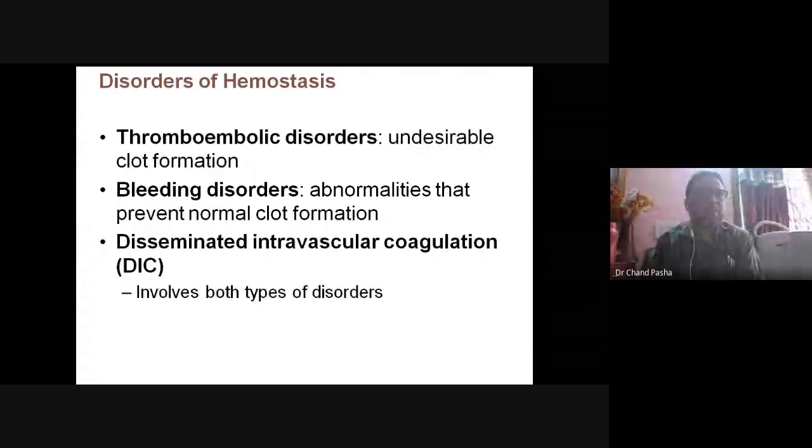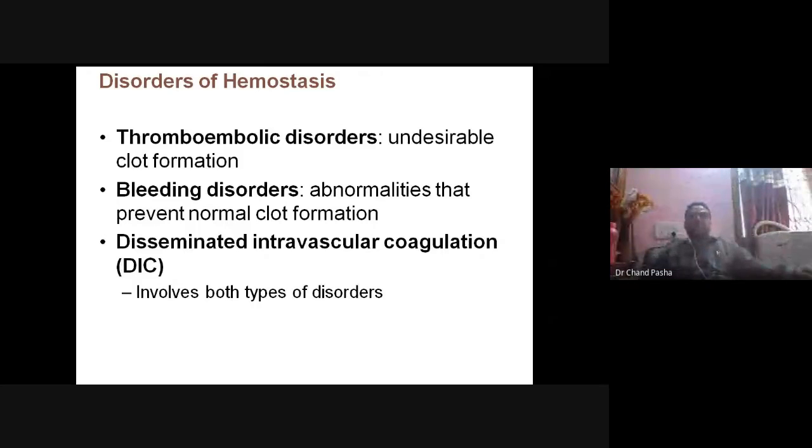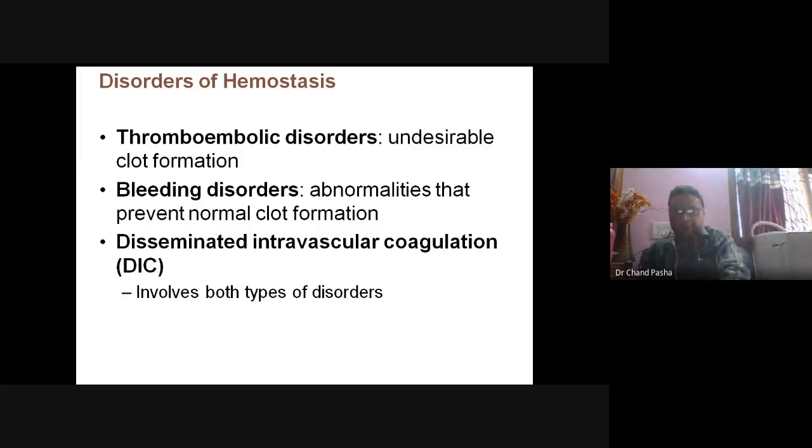An embolus is a clot which is flowing. A flowing clot is called an embolus, and if it is a blood one, it is called thromboembolic disorders. Second is bleeding disorders, abnormalities that prevent normal clot formation. And disseminated intravascular coagulation, DIC, involves both types of disorders.